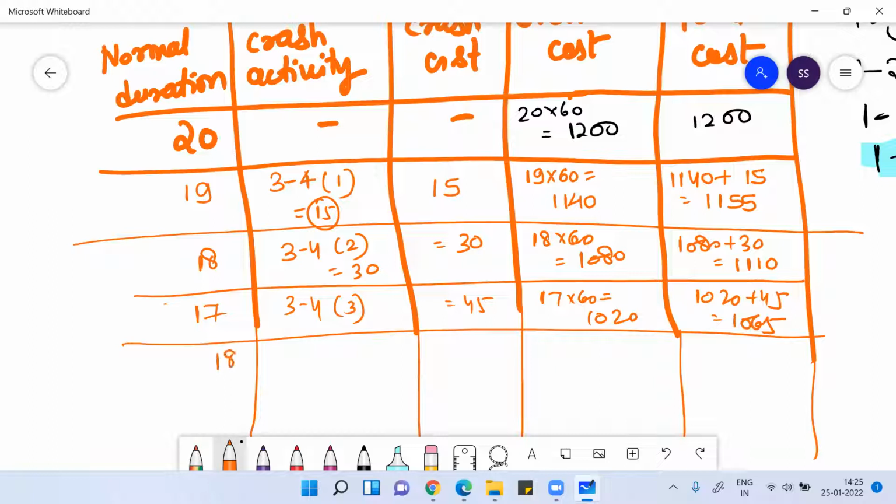Then I can decrease it to 16 days. 3 to 4 for 4 days will be 60 rupees. Then this will be 16 into 60, which is 960 plus 60. That will be 1020.